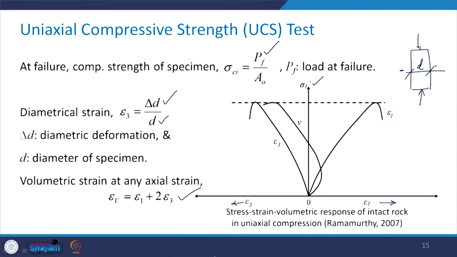When we have this plot, sigma 1 versus epsilon 1 is going to be like this, that is, with increase in sigma 1, this is how your axial strain is going to vary up to this peak value. This is sigma Ci, which is the maximum value at failure. Now this is how epsilon 3, that means diametral strain, is going to be, and the variation of the Poisson's ratio will look like this.